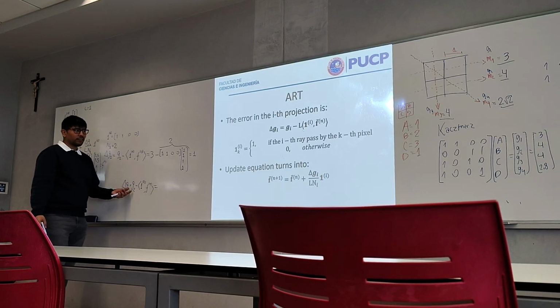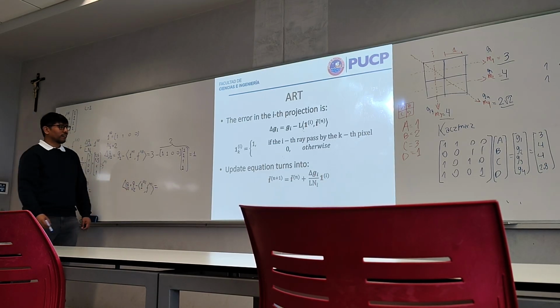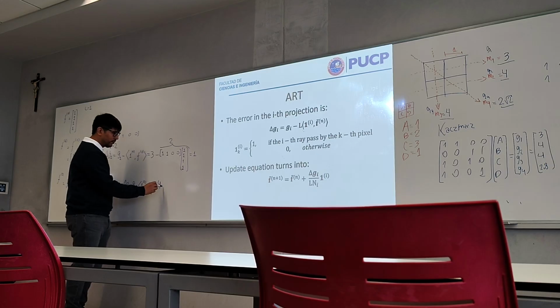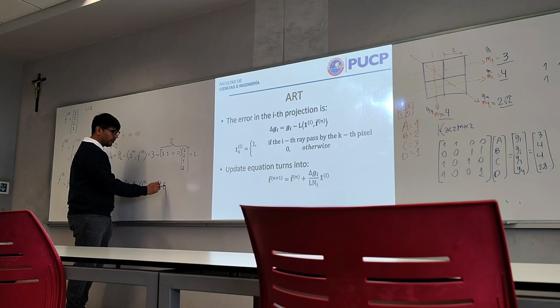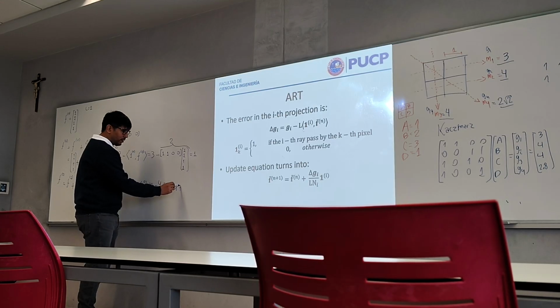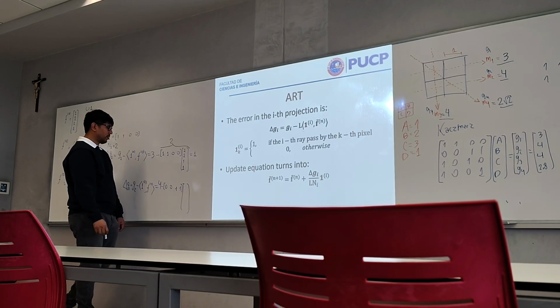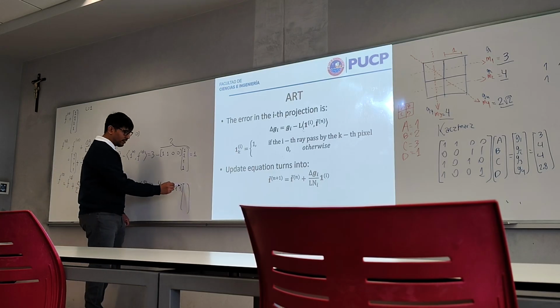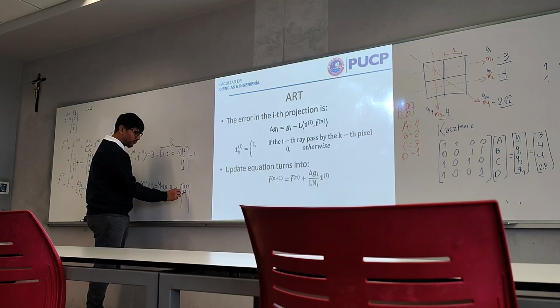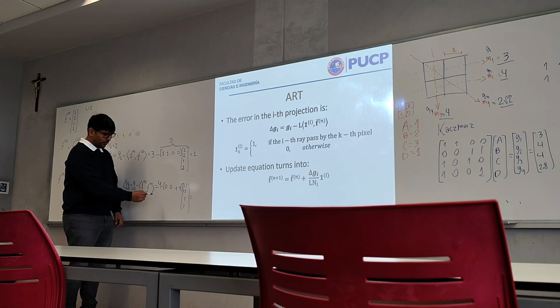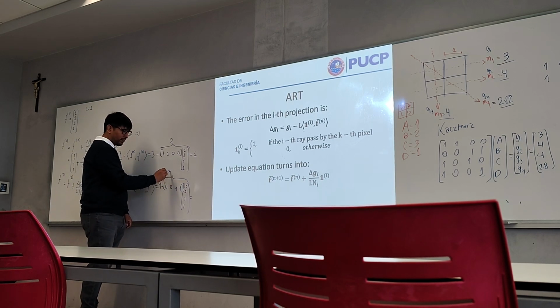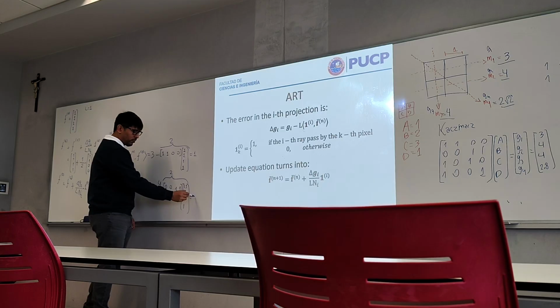So G2, how much is it? 4, minus the inner product of 0, 0, 1, 1 with the current solution. How much is this? 2, so 4 minus 2.